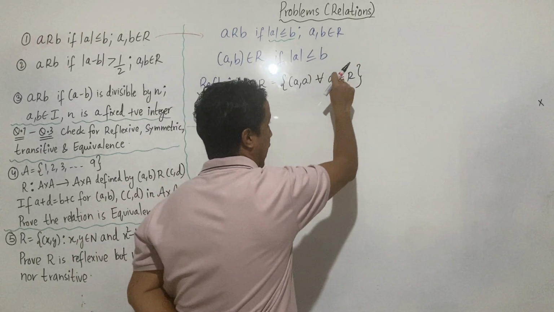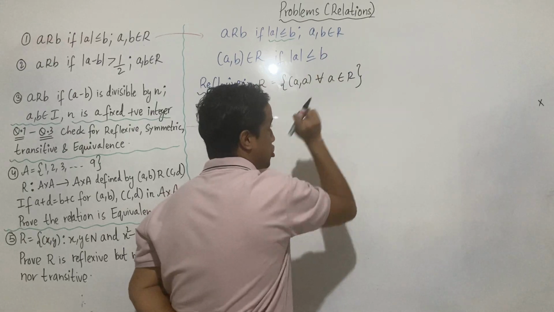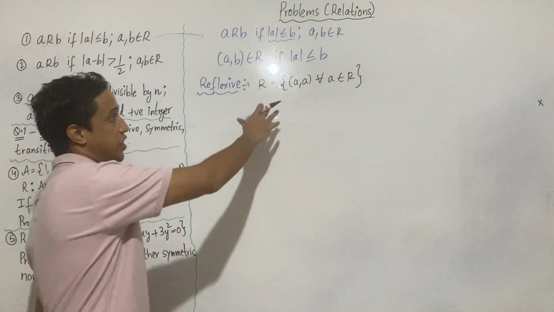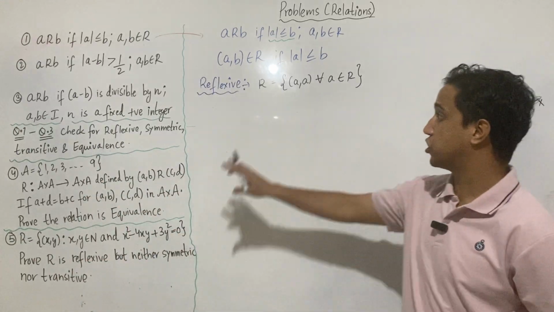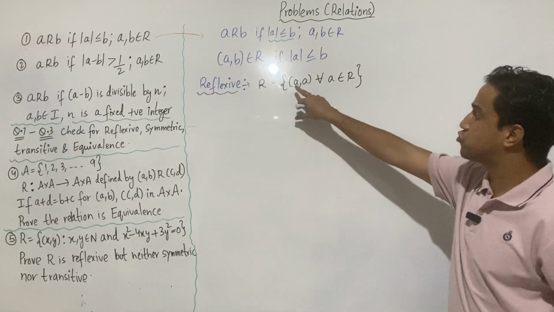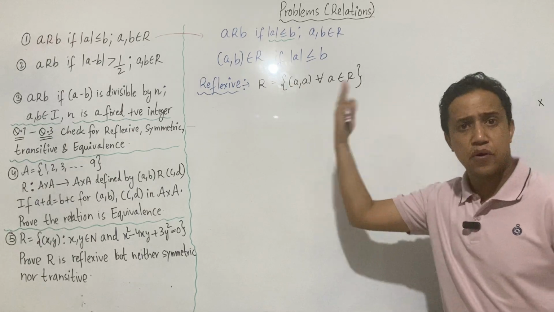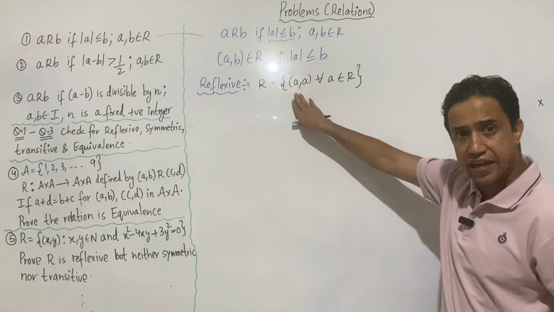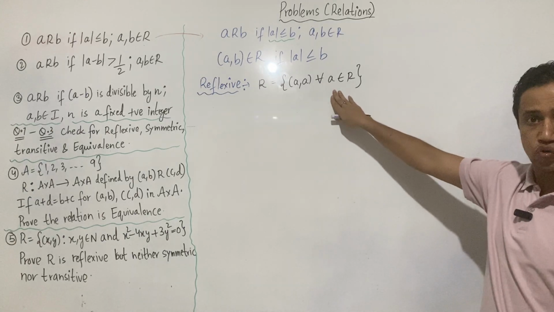If I apply the condition here, because a and b belong to the real numbers, to make this relation reflexive I have to make sure the relation contains the ordered pairs of the type (a, a) for all a belonging to the real numbers.